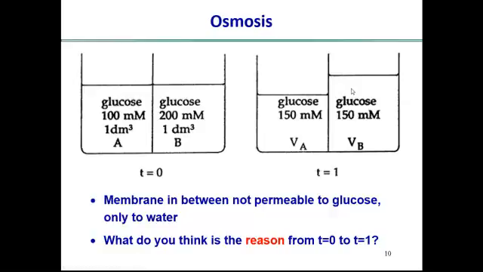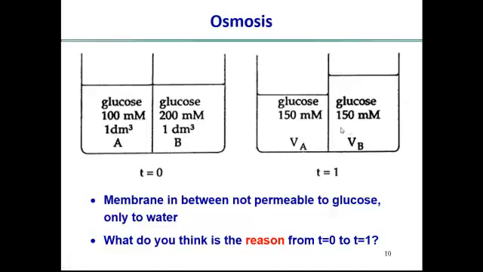So what has happened there? Because the membrane is not permeable to glucose, the glucose molecules cannot cross the membrane. Only the water molecules can cross the membrane. What do you think is the reason it goes from time 0 to time 1? Water moves from higher concentration to lower concentration.